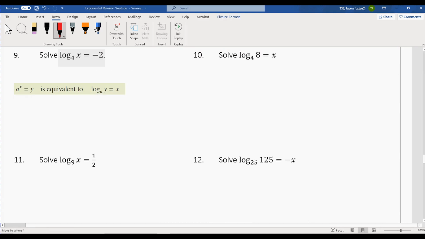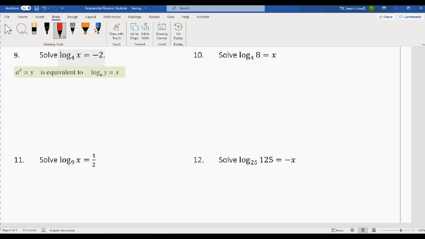When a to the power x equals y, in logarithm form it becomes logarithm to base a of y equals x, right? So using that fact, you could just get the numbers for those equations.